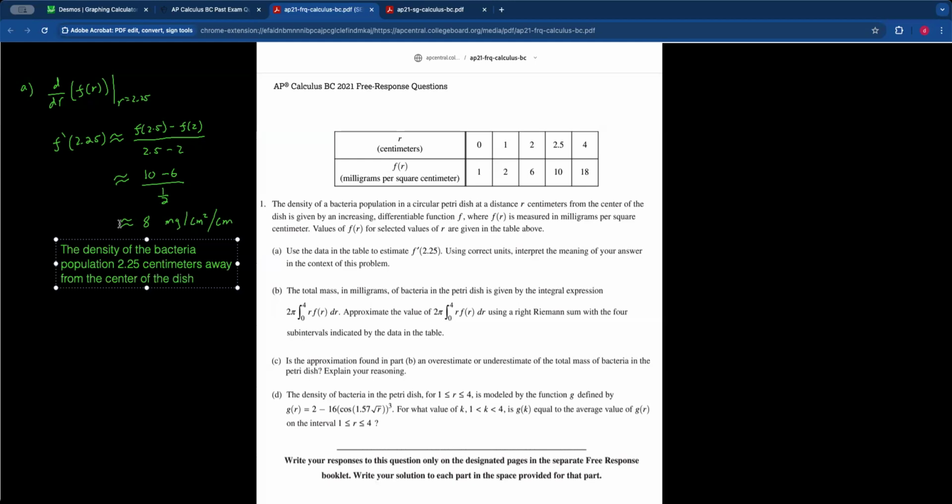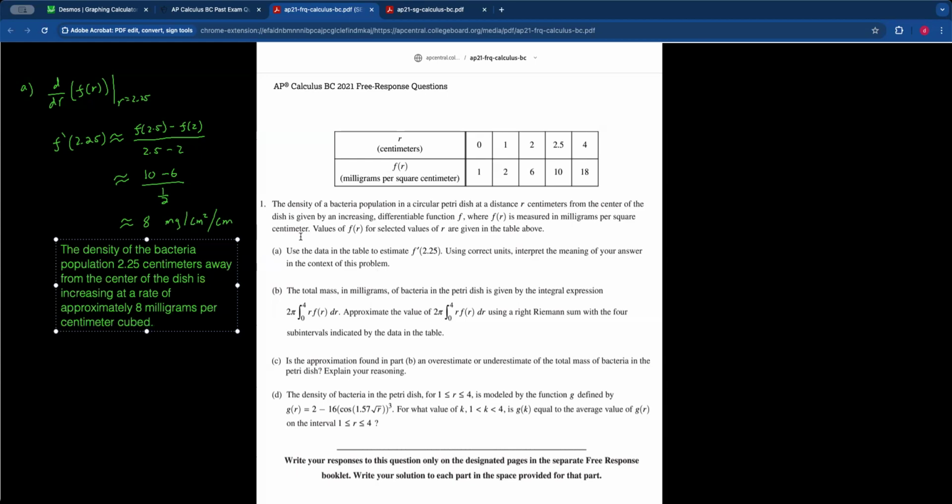I'm just kind of copying what they're saying up here, right? Is increasing at a rate of approximately 8 milligrams, well, I guess I'll type it out, milligrams per centimeter cubed, right?